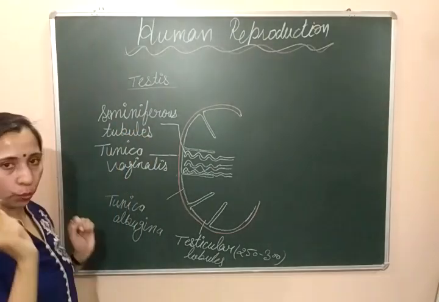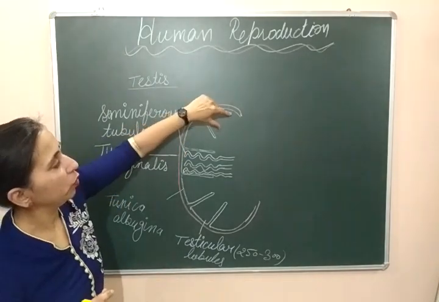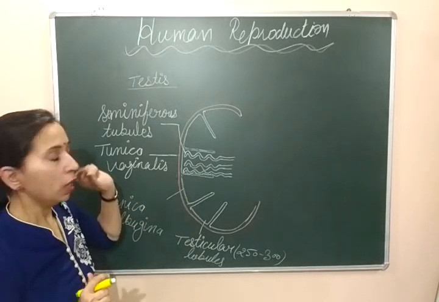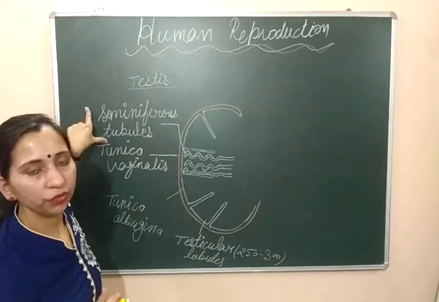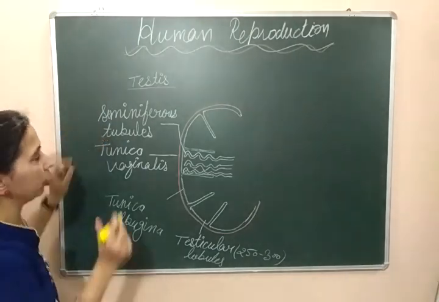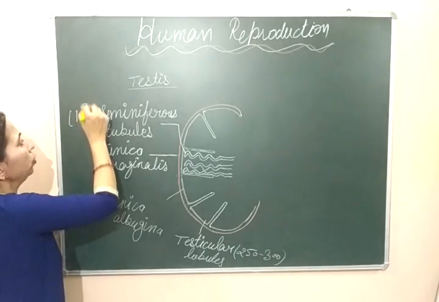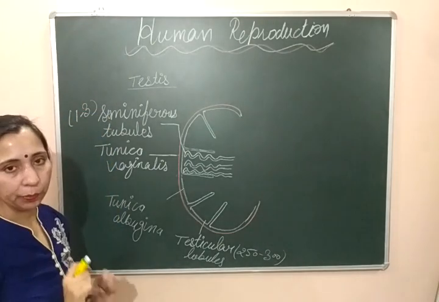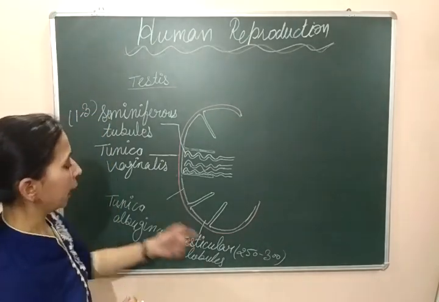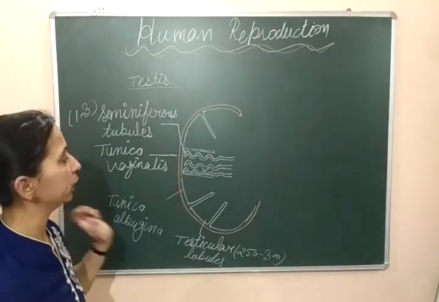In one lobule, like this is one lobule, similarly in this lobule and this lobule, in all lobules, seminiferous tubules are present in a fixed number that may be from 1 to 3. So almost 3 is the maximum number. 1 to 3 seminiferous tubules are present in one lobule, and the total number of lobules is 250 to 300 in one testis.